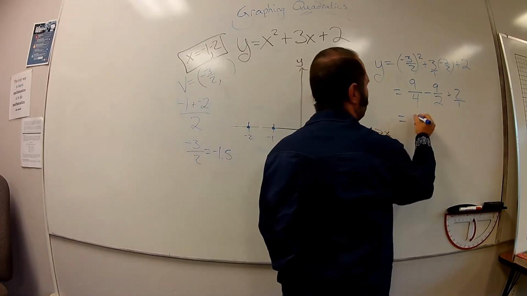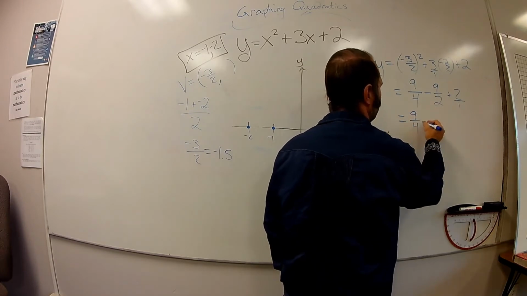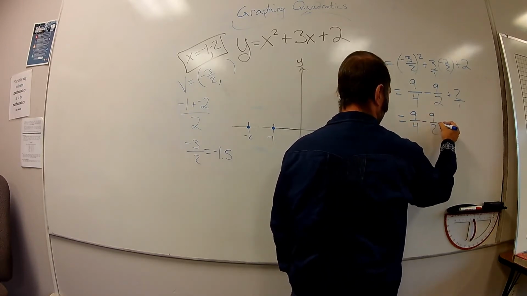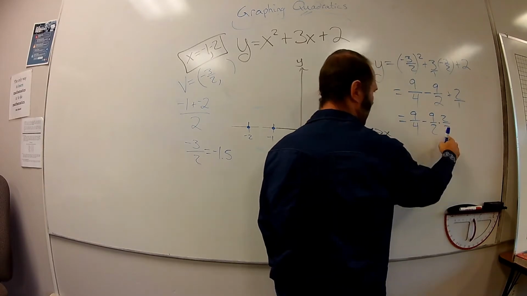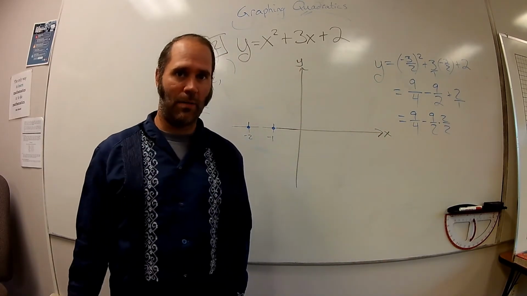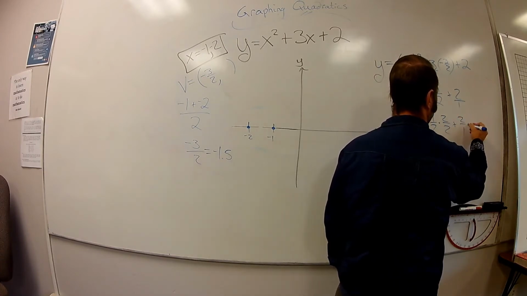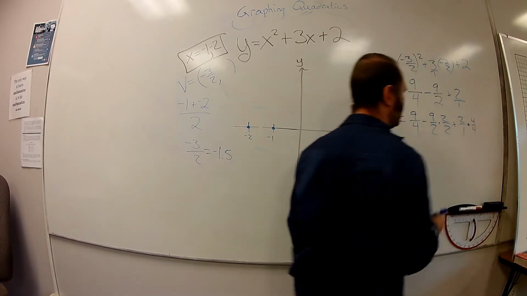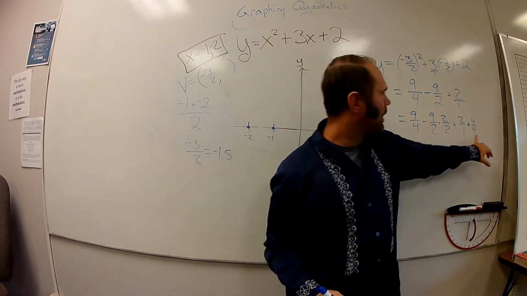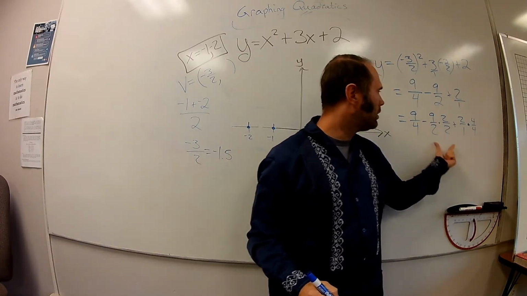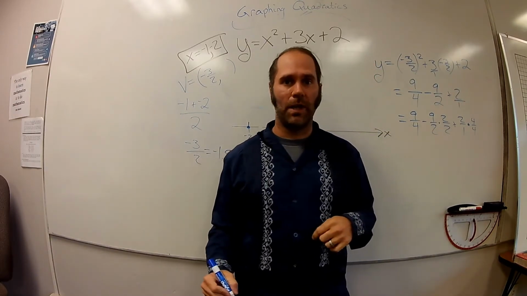So here we've got 9/4 minus 9/2 times 2 over 2. 2 times 2 is 4. This is going to get us a common denominator of 4. Plus 2 over 1 times 4 over 4. Again, 1 times 4 is 4, so we're going to get a 4 in the denominator.